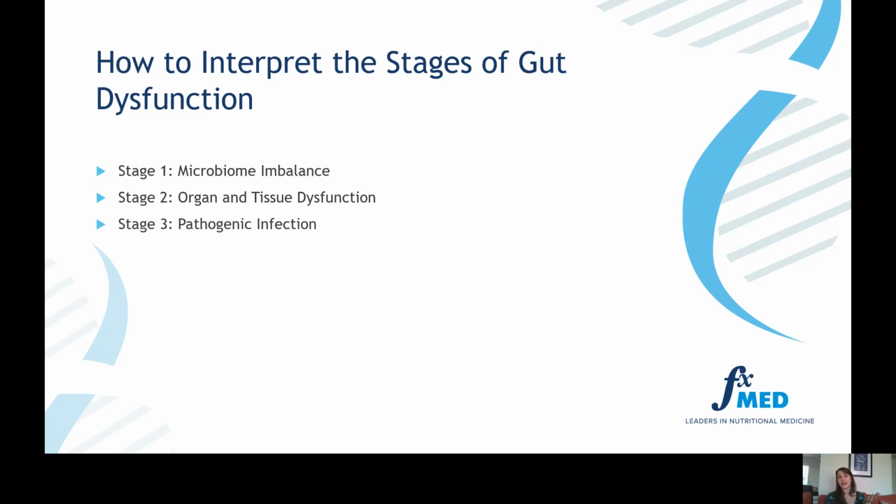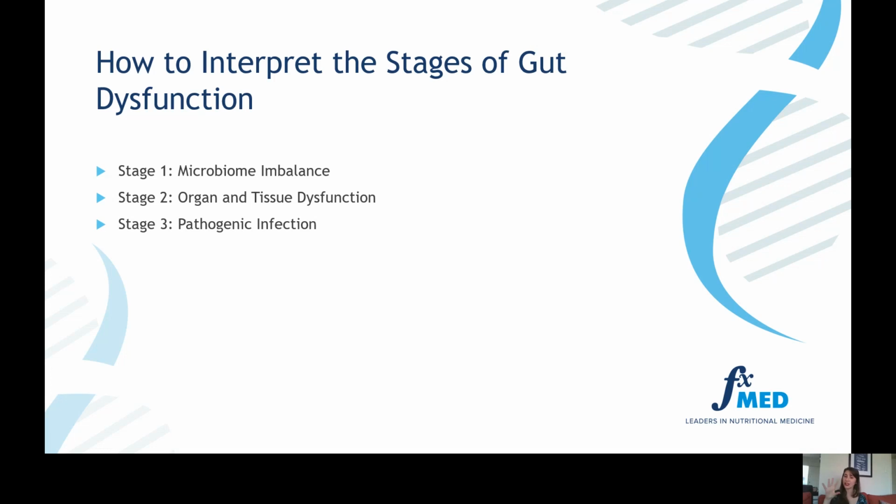So this framework is the stages of gut dysfunction, stage 1, 2, and 3. The way that this works is when we start having a minor microbiome imbalance in the gut, that's the beginning of stage 1. So stress and just general life, all of us go through this. This can start affecting the balance of our microbiome.